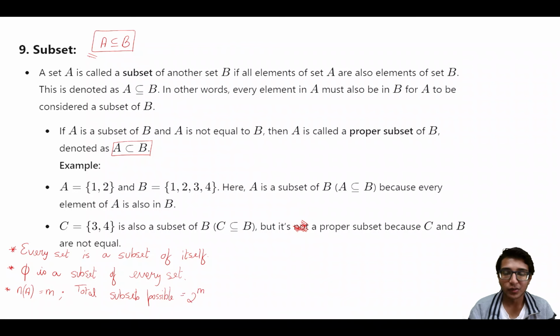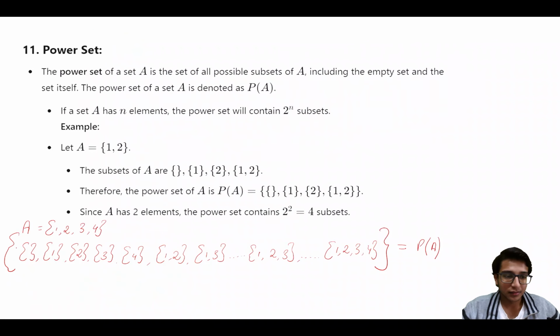So keep this formula in mind. Let's say, as we were taking this 4 element set as example, here we had n(A) equals 4. That means total number of subsets that would be possible would be 2 to the power 4, which is nothing but 16. So that means you can have 16 values inside your power set.